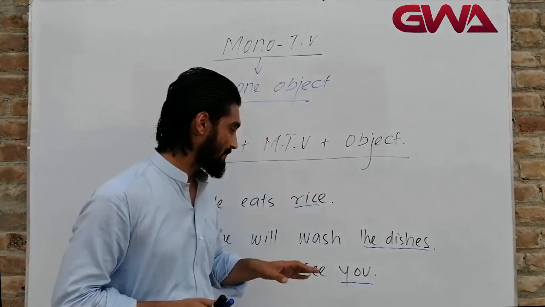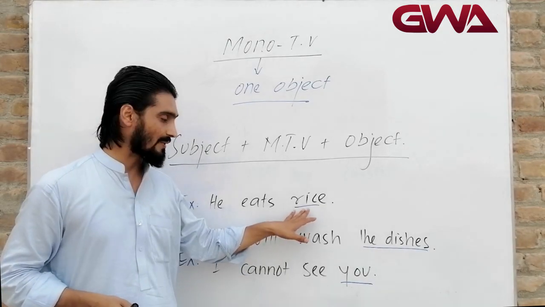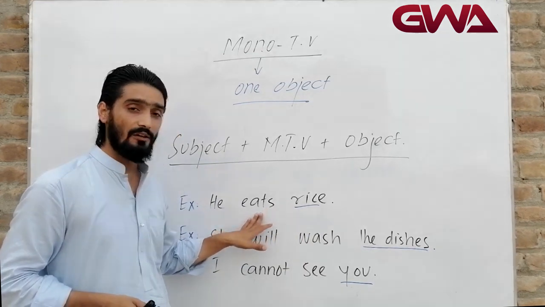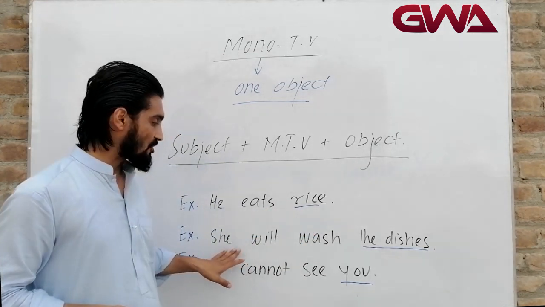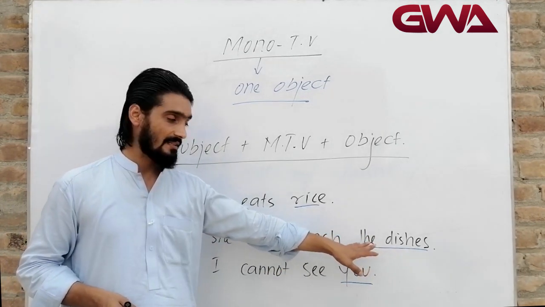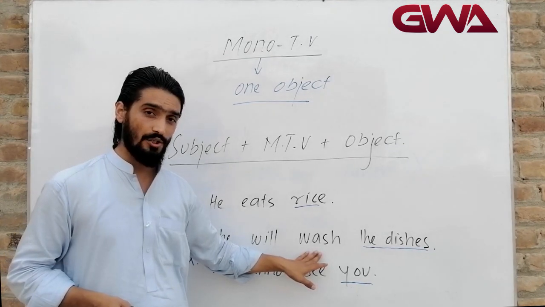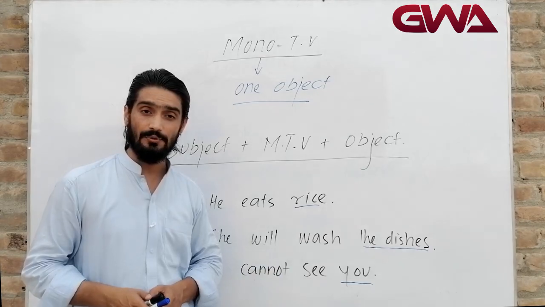The examples are here. He eats rice. Now, rice is the object of eats and the meaning is complete. She will wash the dishes. Now, the dishes is the object of wash. The last example, I cannot see you.